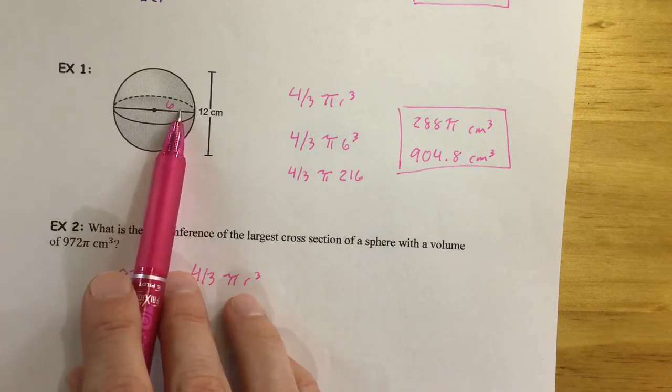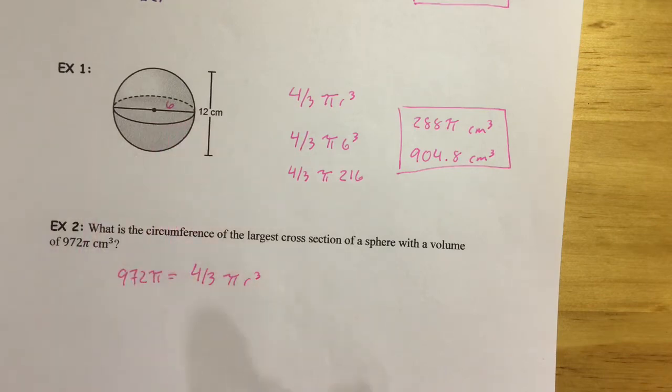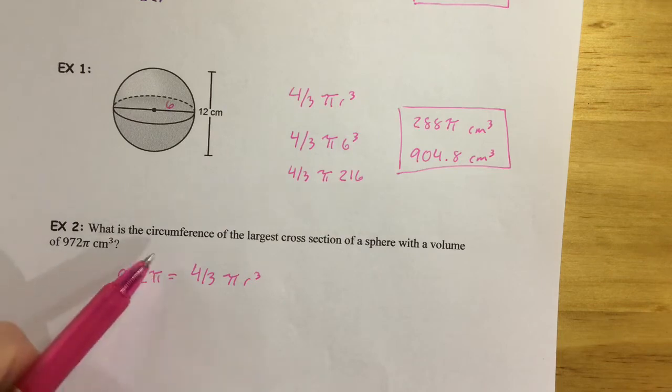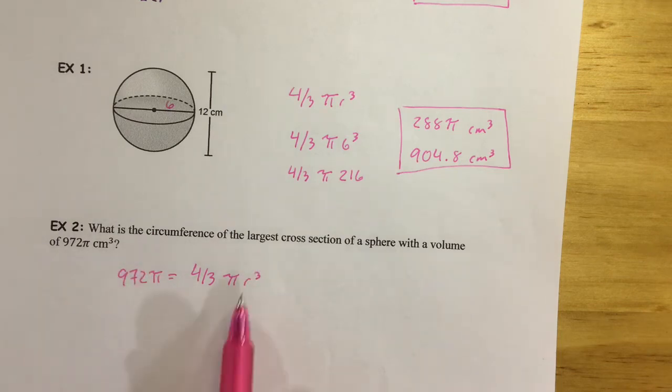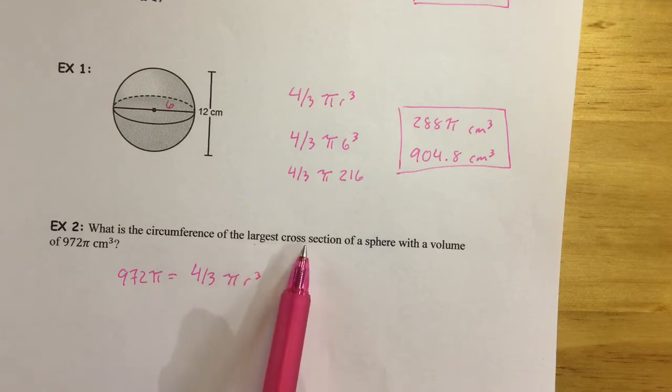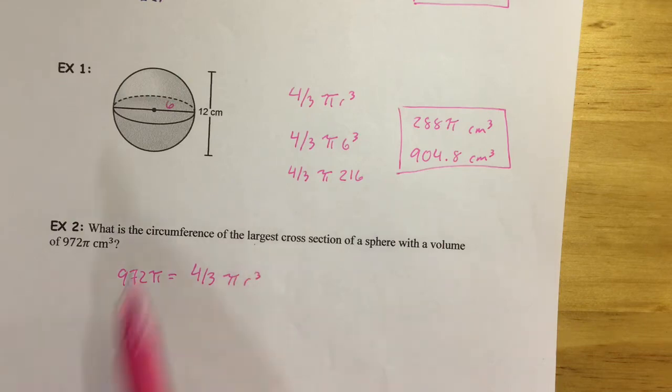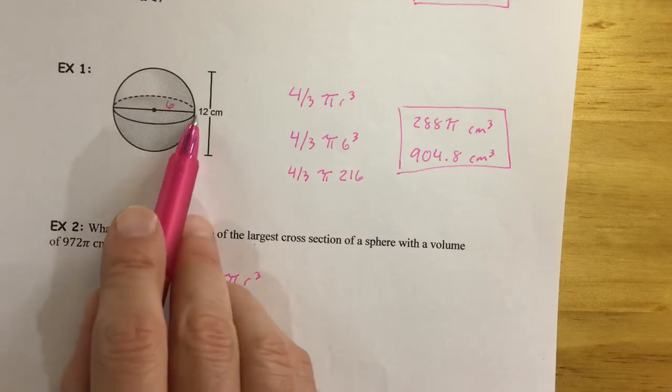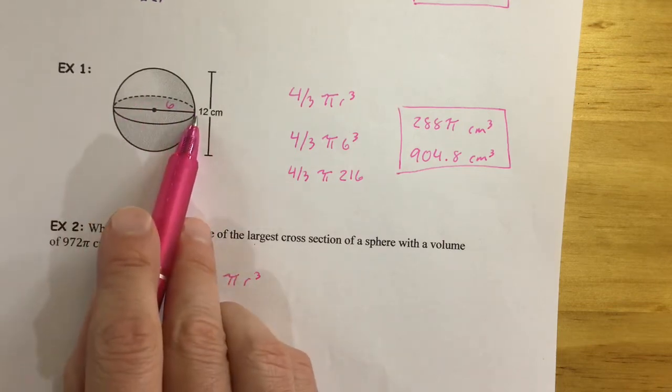Now, they don't want you just to stop there and say, well, what was the r value? They then want you to use that to continue and find something new. In this case, it asks for the circumference of the largest cross-section. It's important that we do mention that it's the largest cross-section here so we know what slice we're looking at. So I'll go back to this picture. What is shown right here in the middle, that is the largest cross-section.